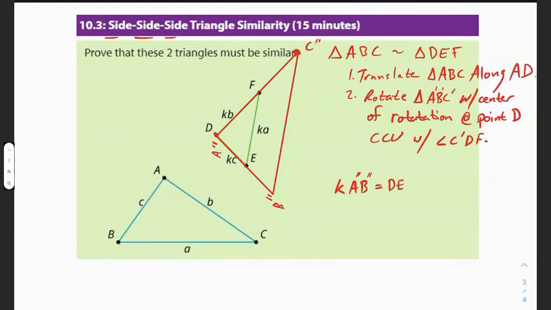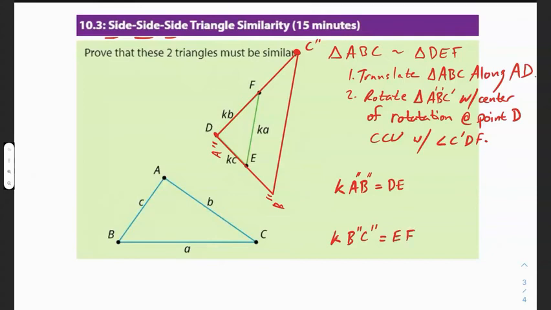You're also going to have to do the same thing with the other two sides, right? So the other two sides, right, you want B double prime, C double prime to turn into EF, right?